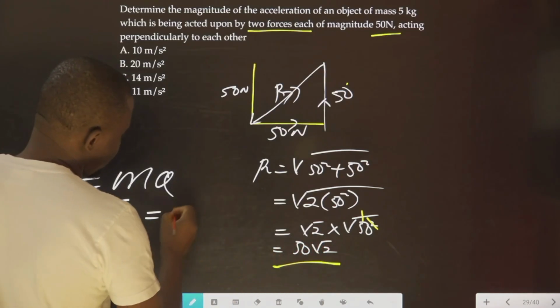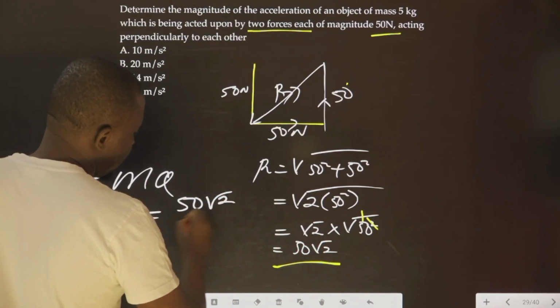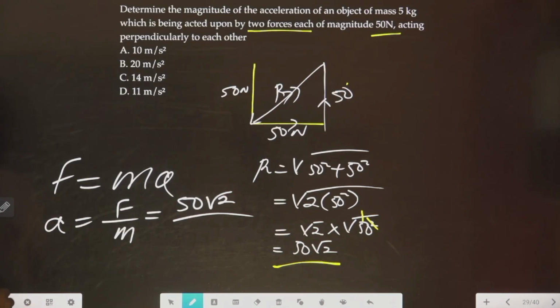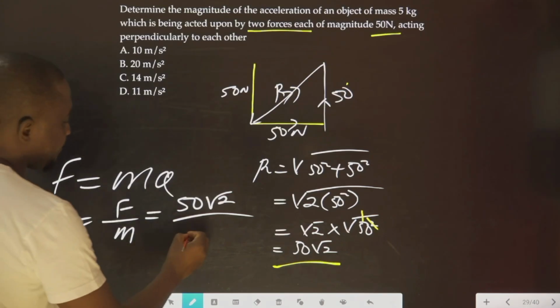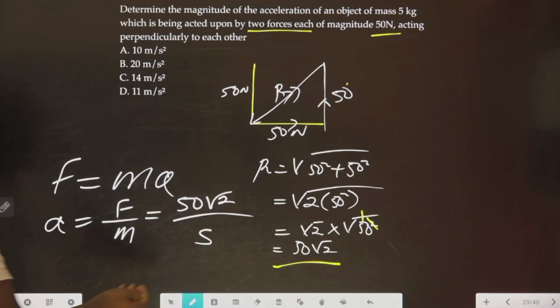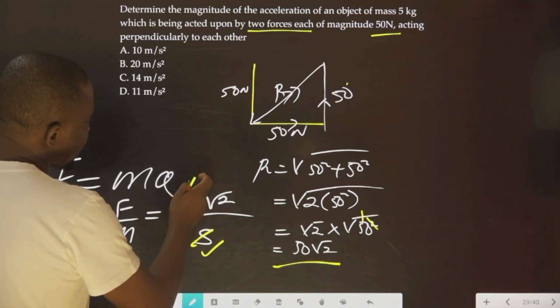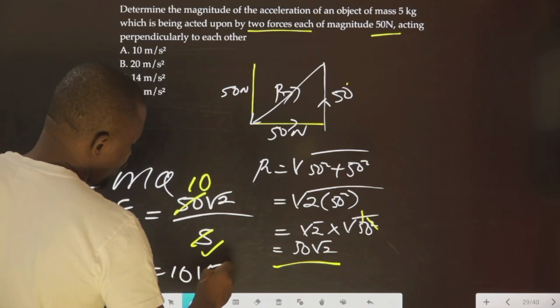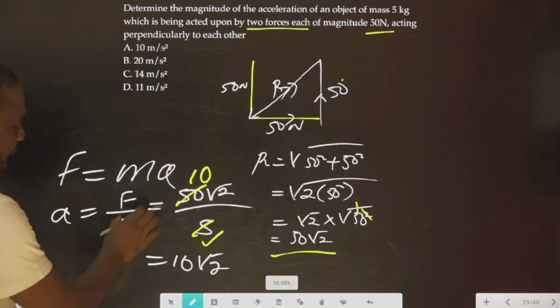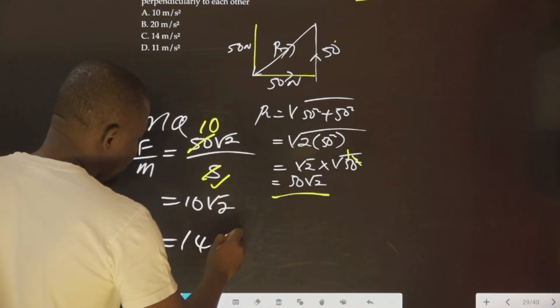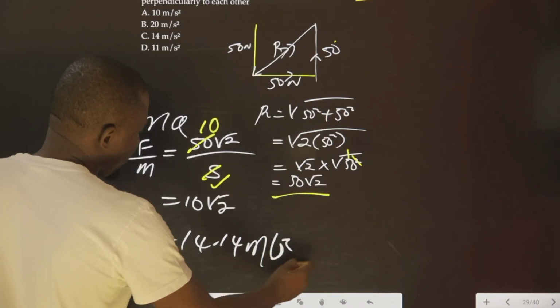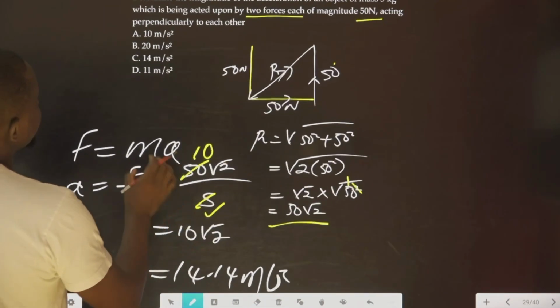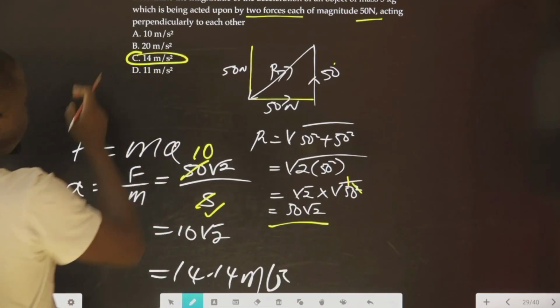Is this one, the resultant force, and the mass is 5. So this is telling you now that this is 10, that is 10 square root of 2. You solve this now, you're going to have 14.14 meter per second square. So the answer is approximately this, C.